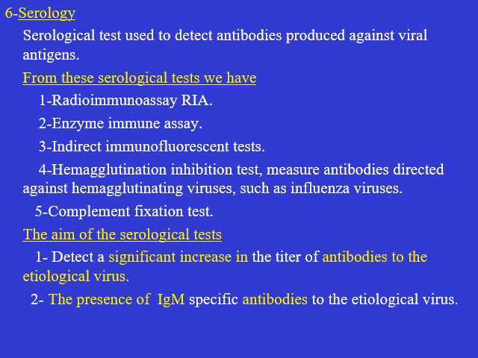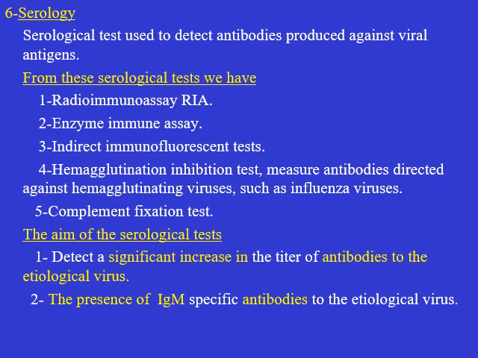6. We can use serology. Serological tests are used to detect antibodies produced against viral antigens. From these serological tests we have: 1. Radioimmune assay, RIA. 2. Enzyme immune assay, ELISA. 3. Indirect immunofluorescence test. 4.